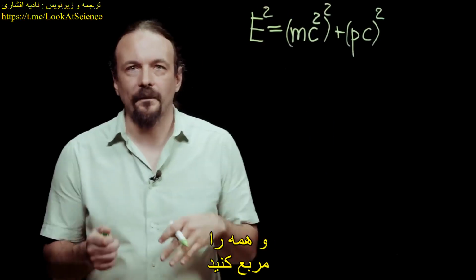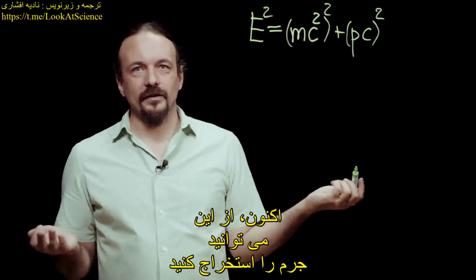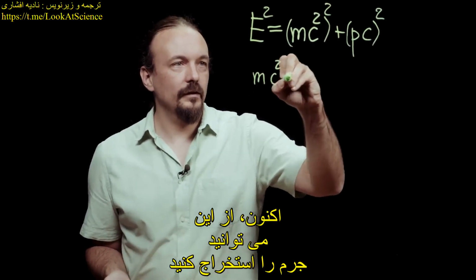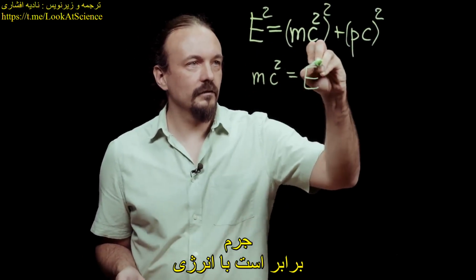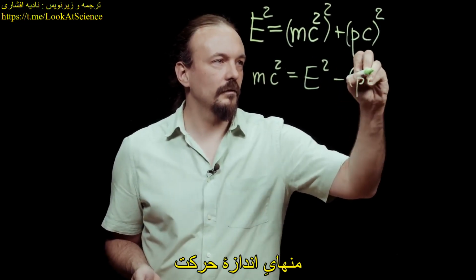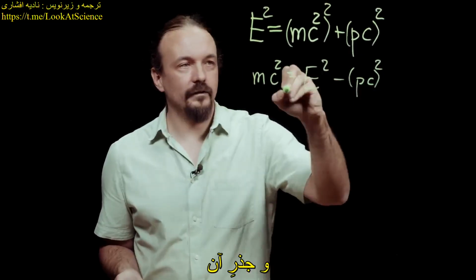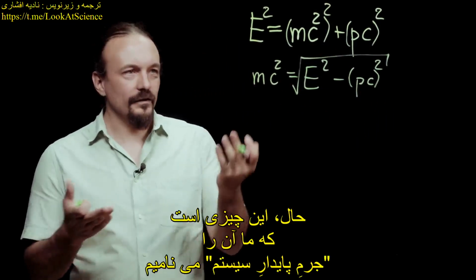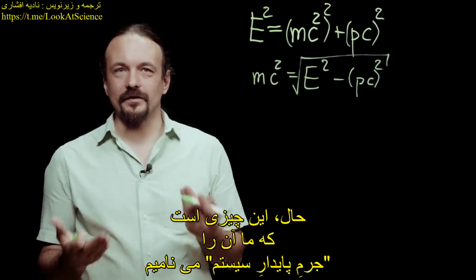Now, from this, you can extract the mass. The mass is the square root of the energy squared minus the momentum squared. Now this is what we call the invariant mass of the system.